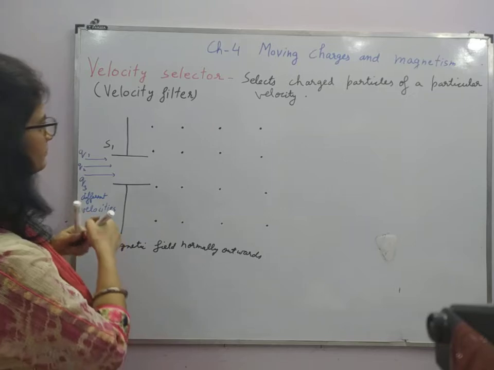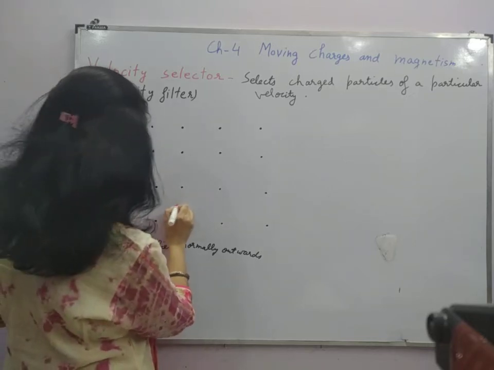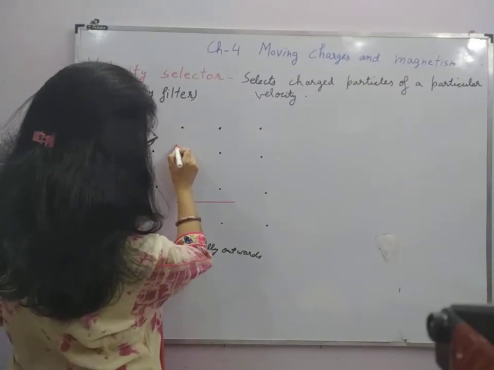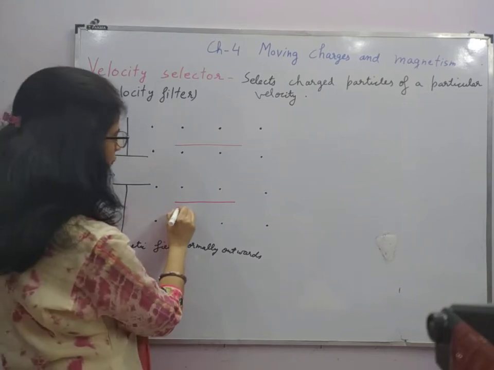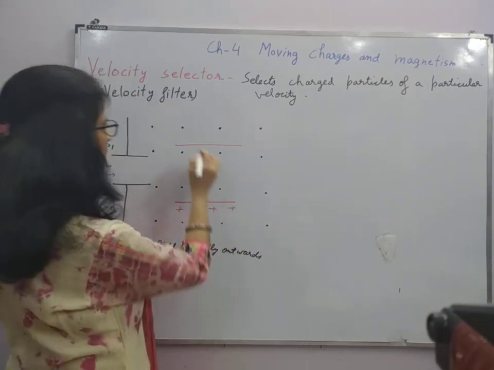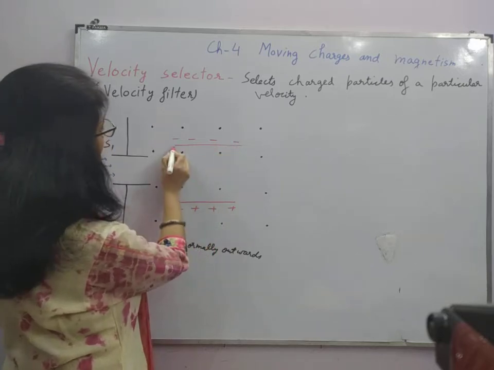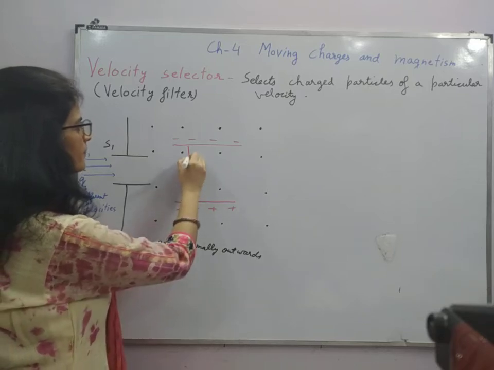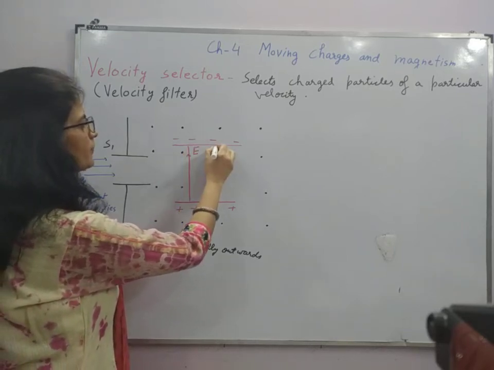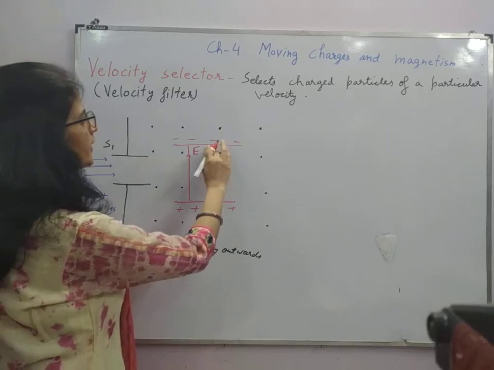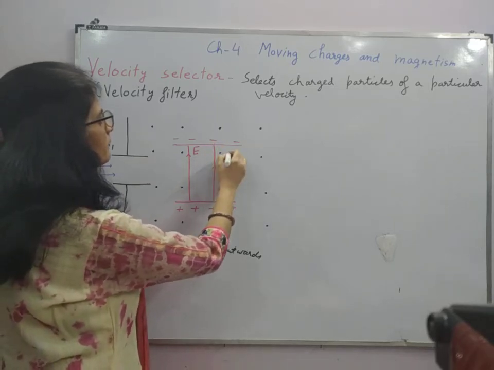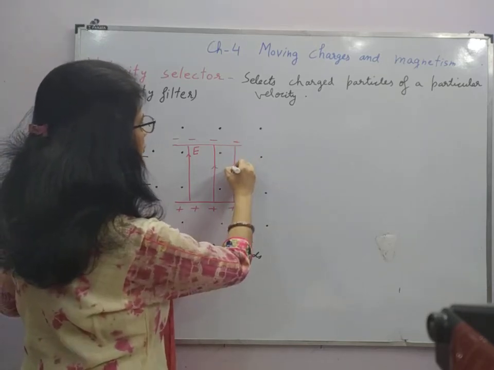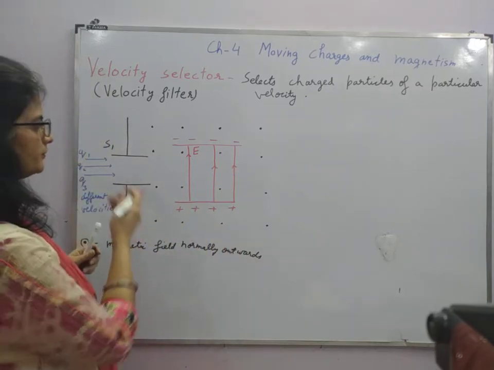So suppose we are applying this, these are the plates of a capacitor where we have this plate positive, this plate negative. So that means the electric field here is directed this way. I hope you are getting it. So the direction of electric field is very much clear.